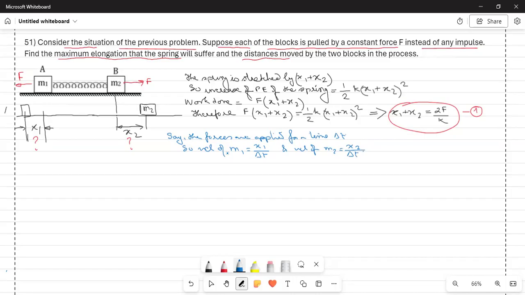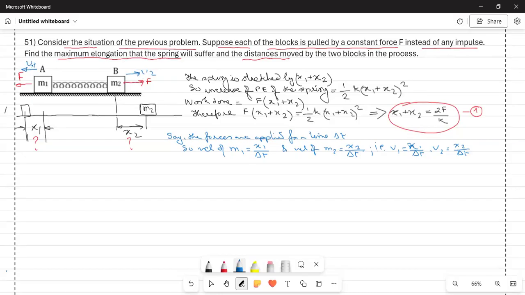And the velocity of m1 is v1, so I can write that v1 is equal to x1 by del t, and v2 is equal to x2 by del t. Let us write it here also. This velocity is v2, this velocity is v1, so that you are not confused.